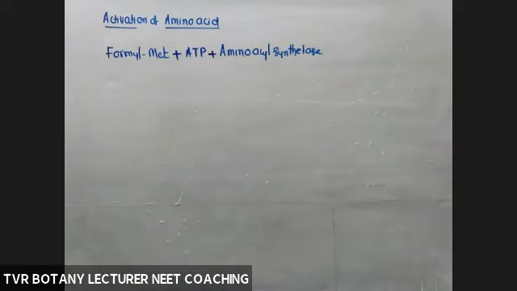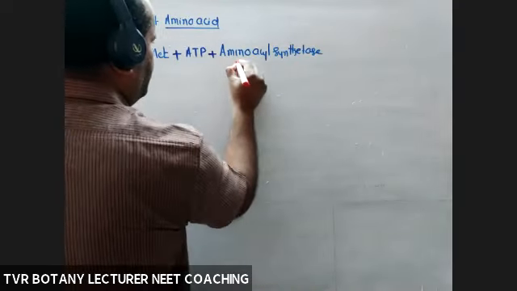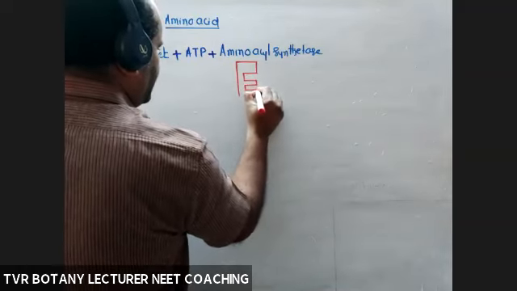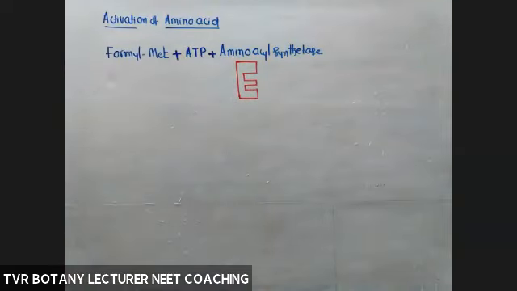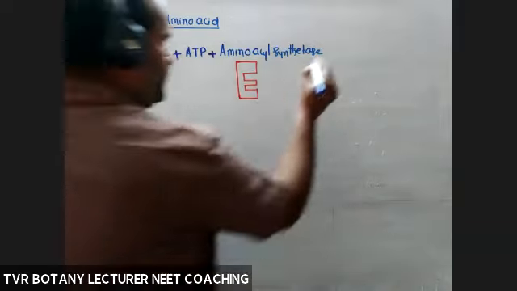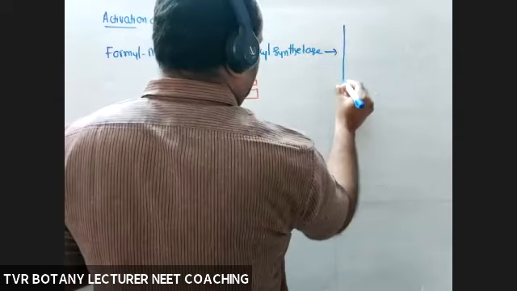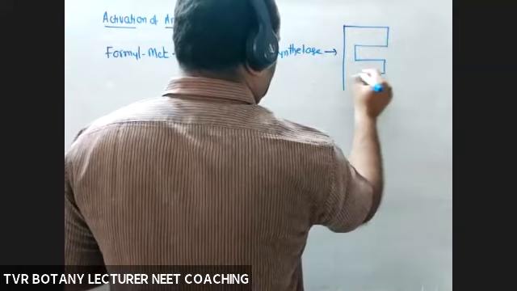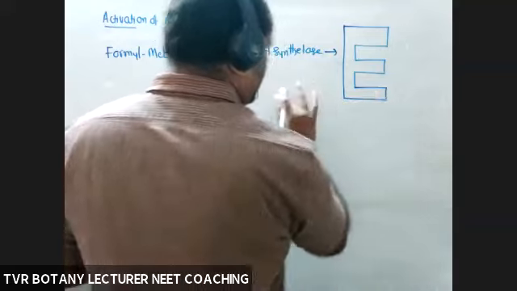For example, this is an amino acyl synthetase enzyme with two binding sites. For our understanding, I'm taking that as a dummy diagram only, not the real one. Same enzyme here also.